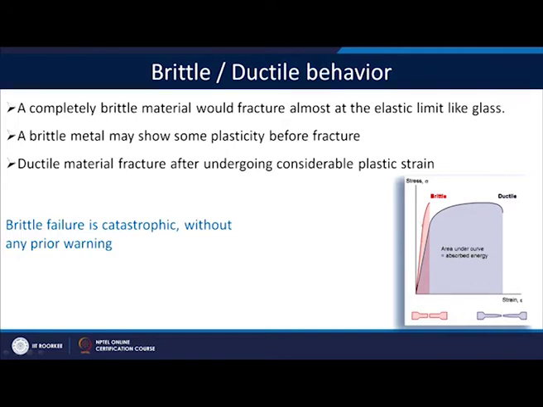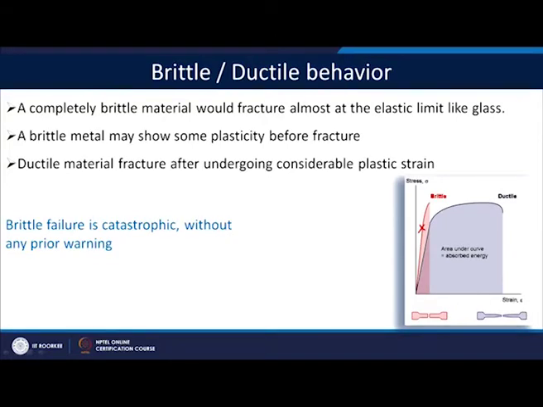So, it may not even see this plastic part, the fracture will take place somewhere here. If it is a completely brittle material, for example, glass. Glass is a brittle material, if you just apply some stress, it will fracture into parts. And this will happen without showing you any plastic deformation, it will be under the elastic part itself.